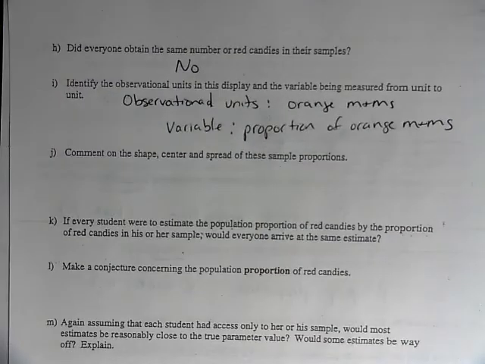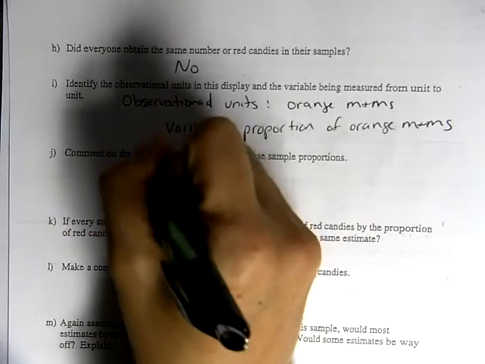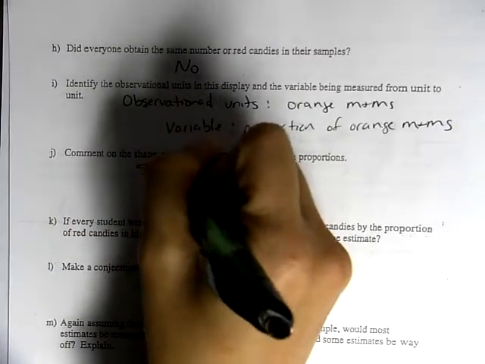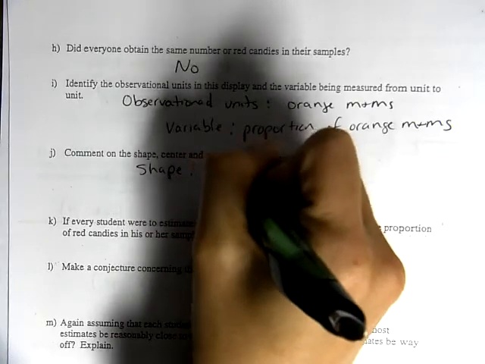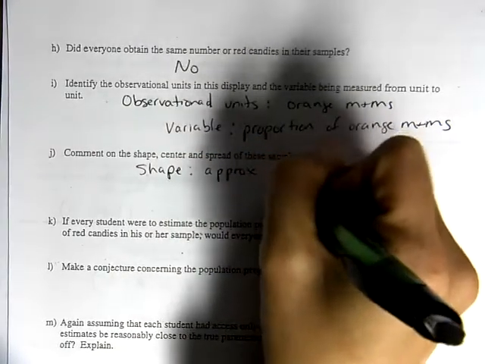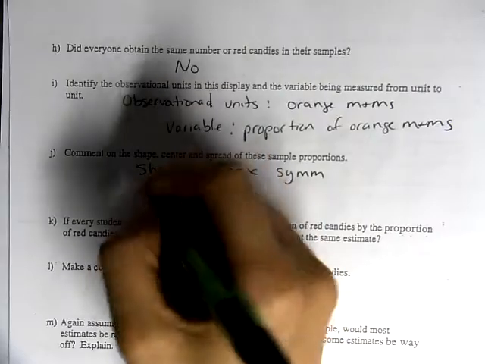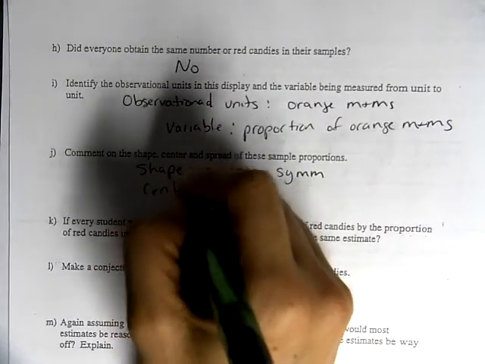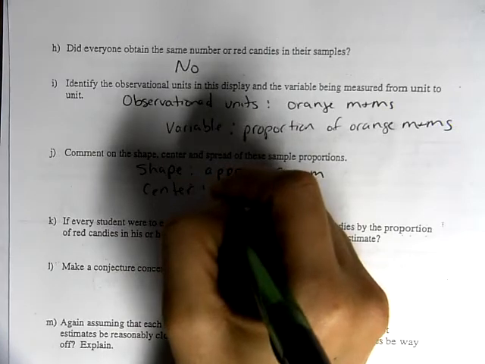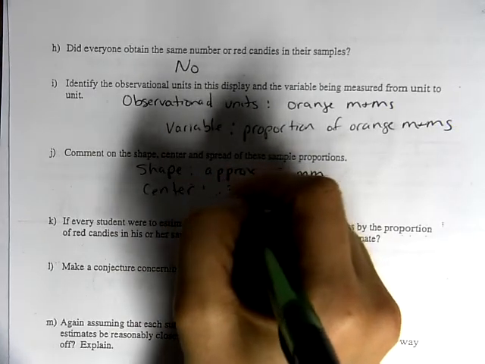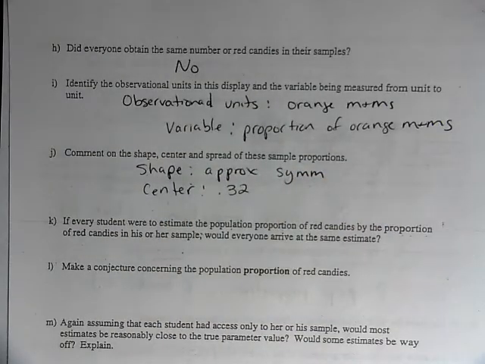If I were to comment on the shape, center, and spread, the shape should be approximately symmetric, because it should look a little bit like a bell curve. Our center should be somewhere, like I said, in the 0.32 or 0.33 range, if you're thinking 33% for each one.